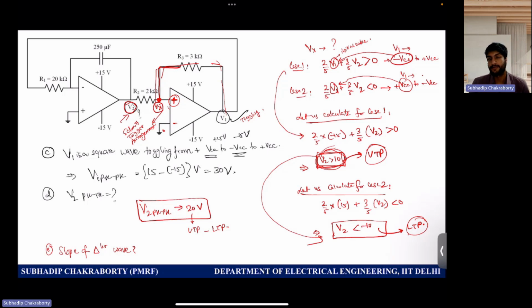So how can you determine the slope is the question. Any idea? So slope can be determined from current, because what is current? This current.